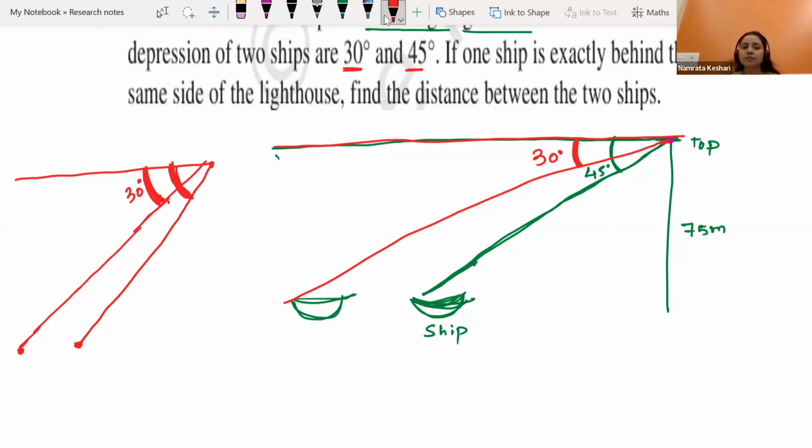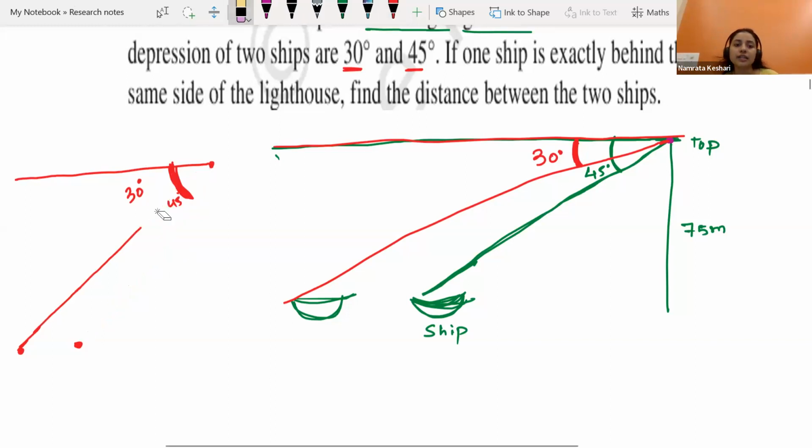Yes or no? Is it making sense now? Yes, ma'am. Okay, because both are with the same horizontal. When you make the arc to represent the angle, you will find that one is bigger and the other is smaller, as with the same horizontal we get another angle. So one is 30, another is 45.